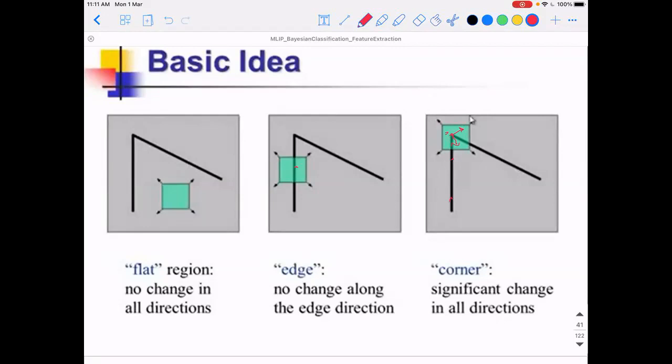Is that fine or not? That is how the corner point, or a distinguishable point, or the key point in images is defined. Those are the points people look for to identify good features in an image. Is this clear?